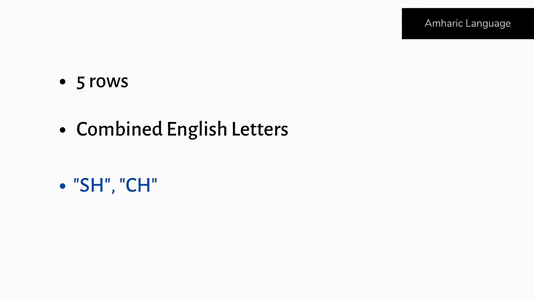The other 5 rows take combined English letters as their main letters, and these combined letters are SH, CH, ZH, GN, and TS, and they are read as sh, ch, j, ny, and ts, respectively.